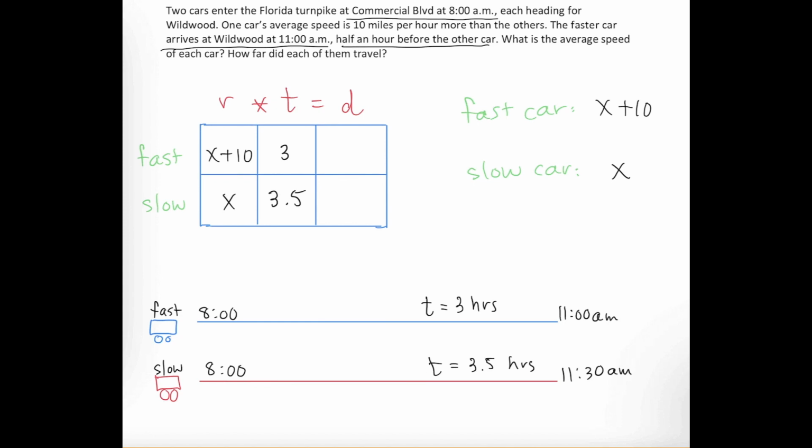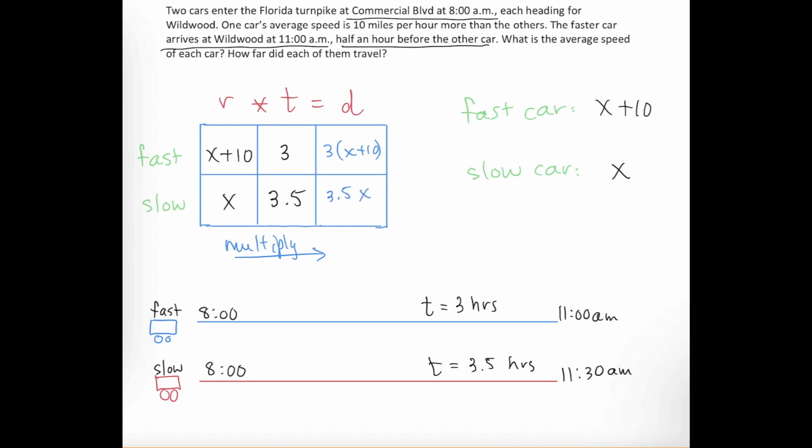Now that we have our rate column and our time column populated, we're going to multiply across to fill the distance cells. So this is going to be 3 times x plus 10, and this one is going to be 3.5 times x.